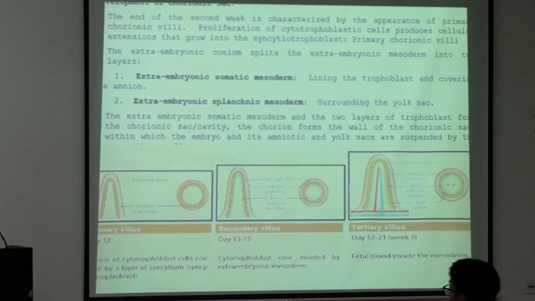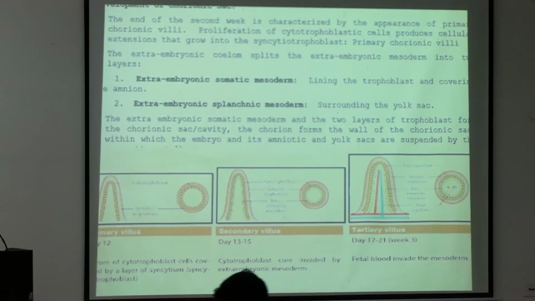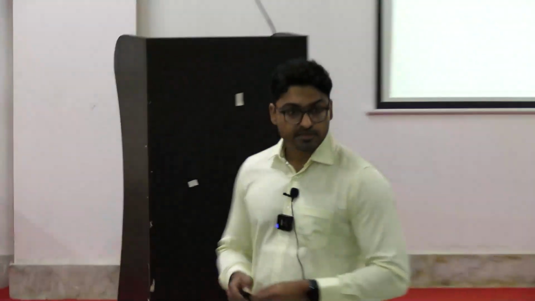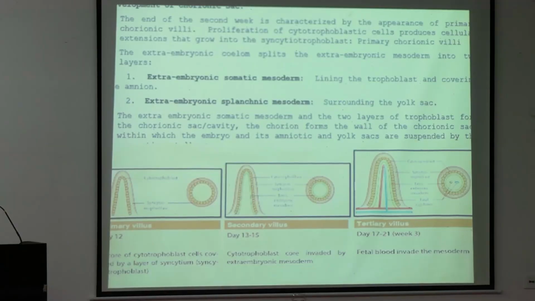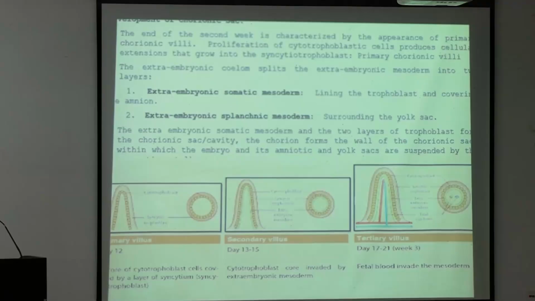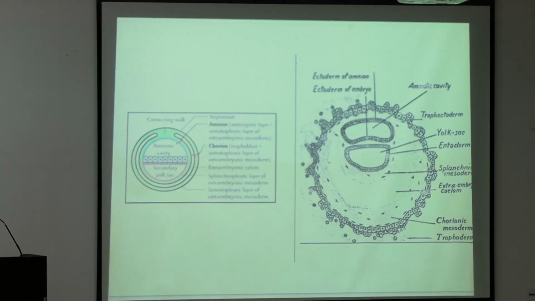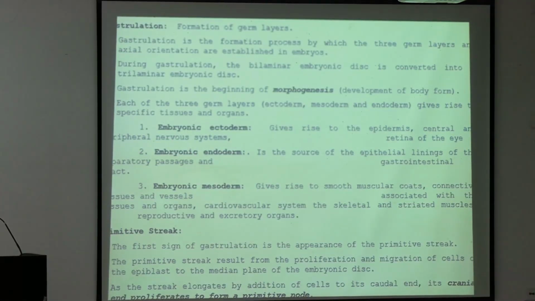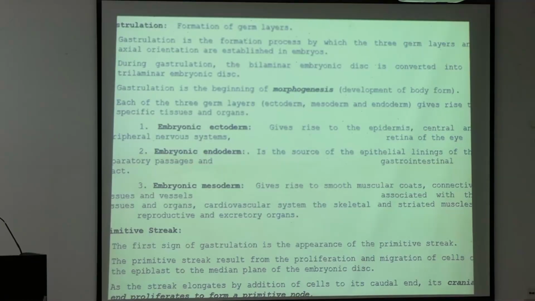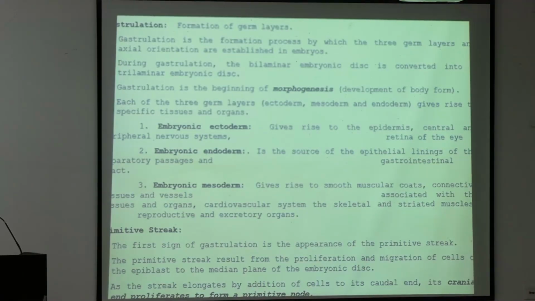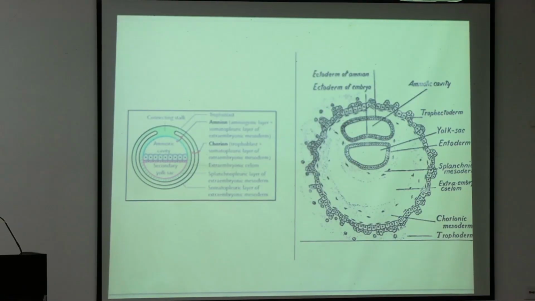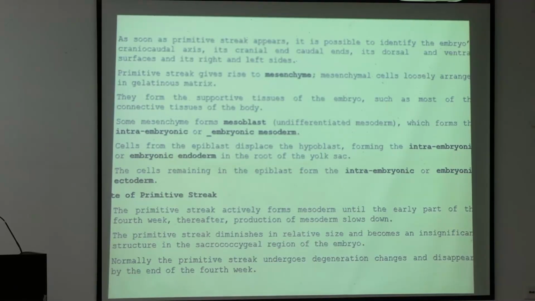Now, villi. Villi develop from the trophoblast. There are two types of trophoblastic cells: cytotrophoblast and syncytiotrophoblast. Syncytiotrophoblast is like an amoeba. It's a multinuclear structure with no intervening cell wall, and that amoeboid structure is the one that forms the intervillous space.